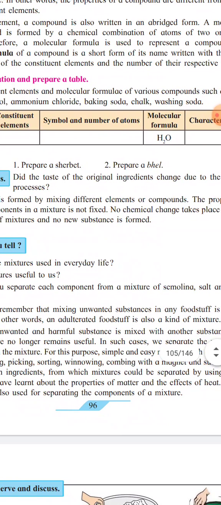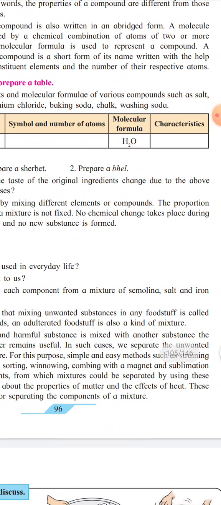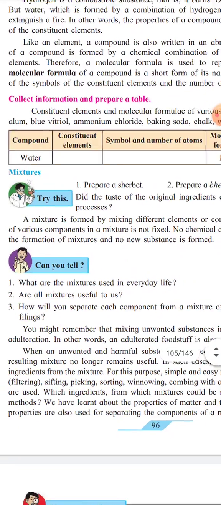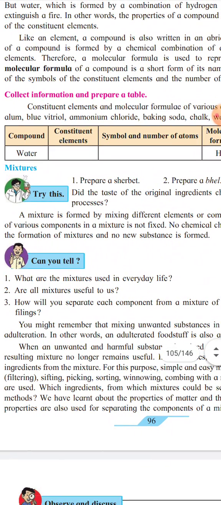Its molecular formula is KAl(SO4)2.12H2O. It is soluble in water and used to purify water. Previously I told you alum is used for purification of water.